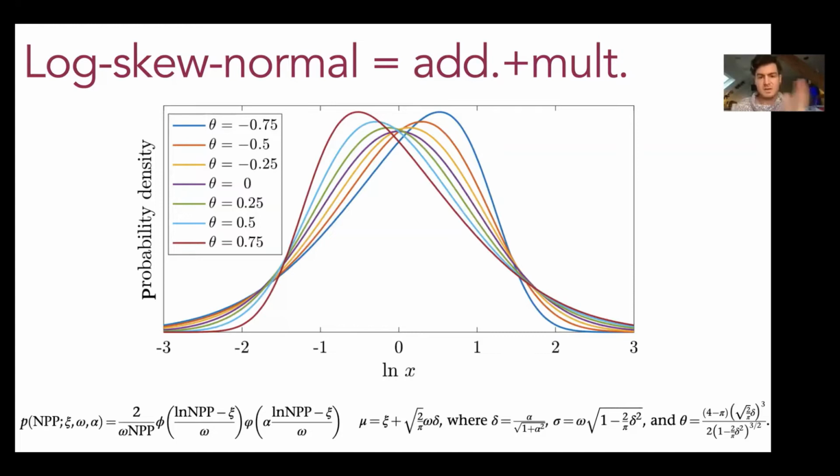As theta is positive, you end up with a heavy-tailed distribution where your data tend to sit towards the right, and as theta becomes negative, then you have a small-tailed distribution, and that theta depends on how many log normals you're averaging over, and also the correlations between those.